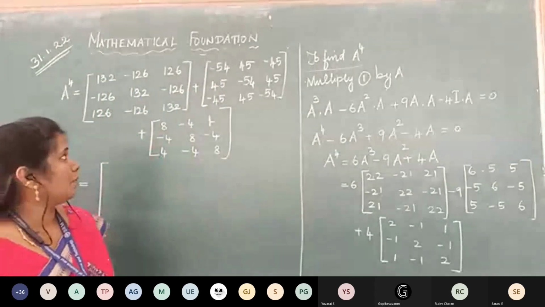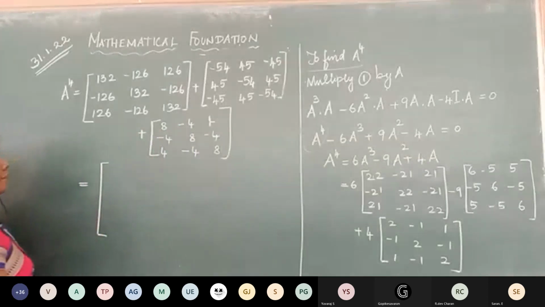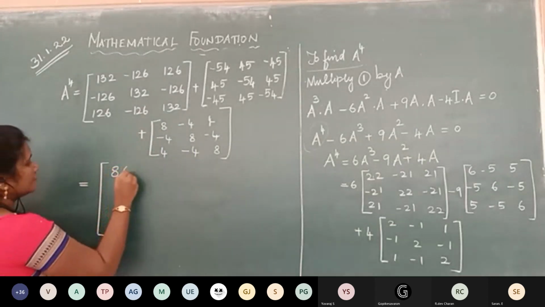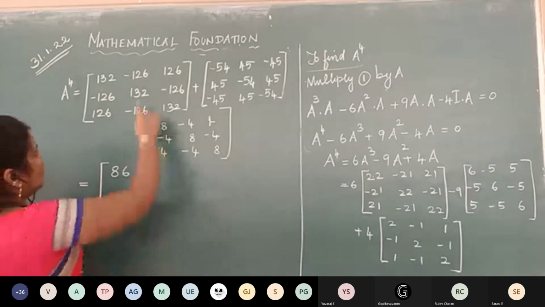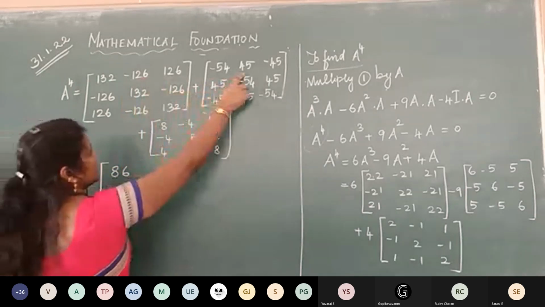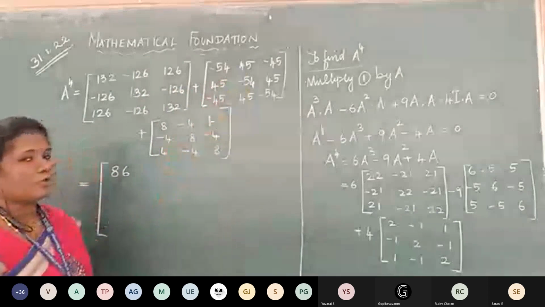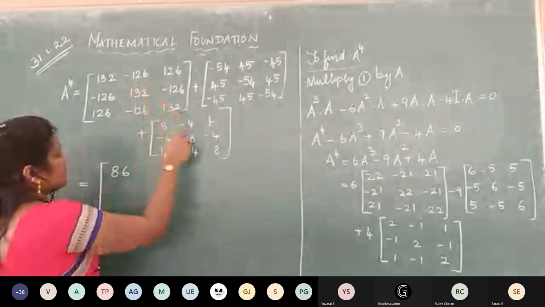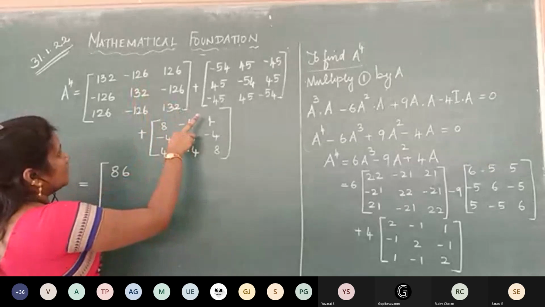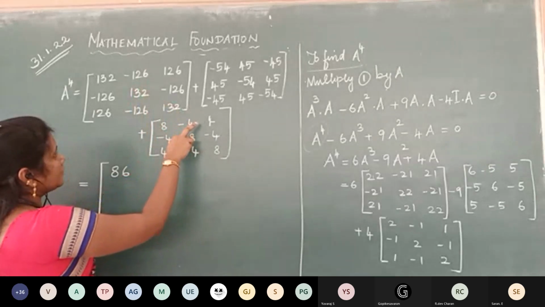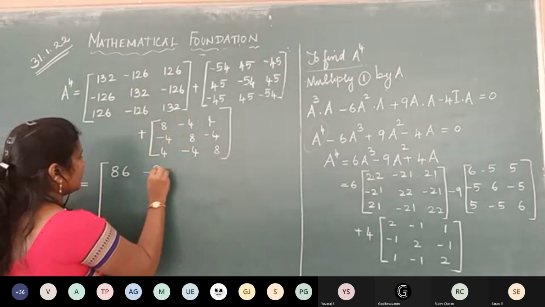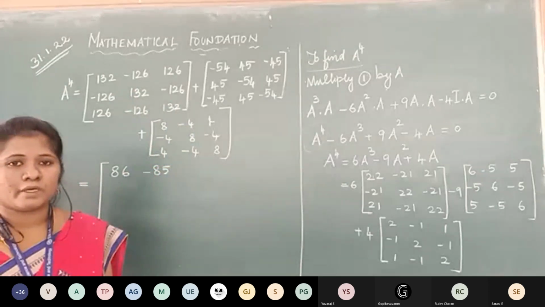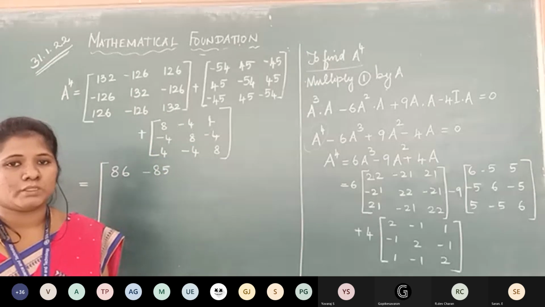So that is 140 minus 54, it is 86. Minus 126 plus 45 minus 4. You can use your calculator. Okay. So it is minus 130 plus 45, which will be minus 85. Do it with your calculator if you find it difficult doing it manually.